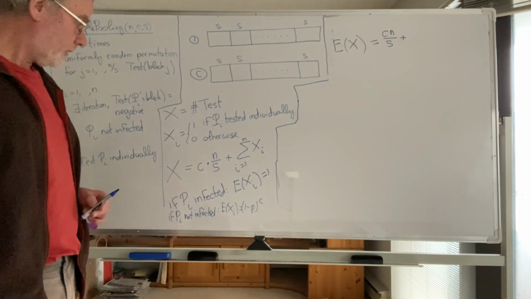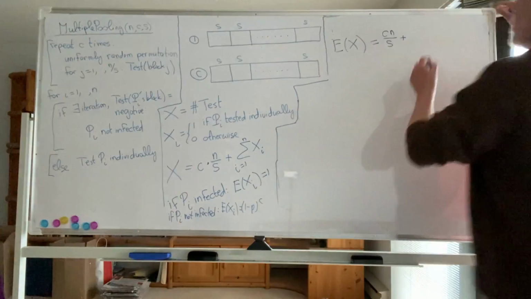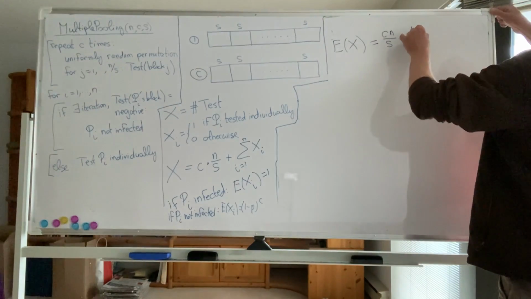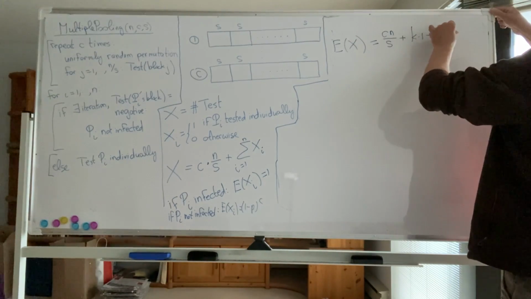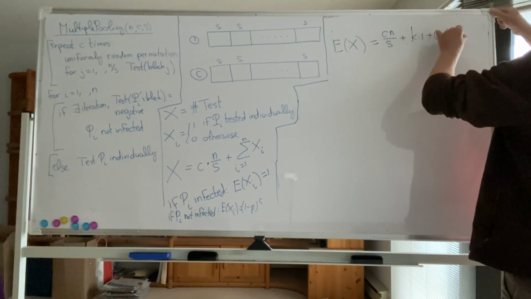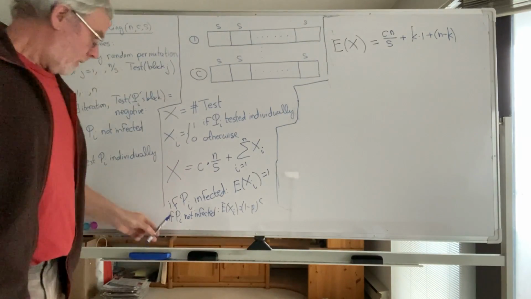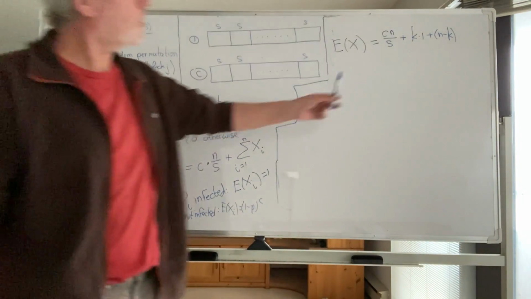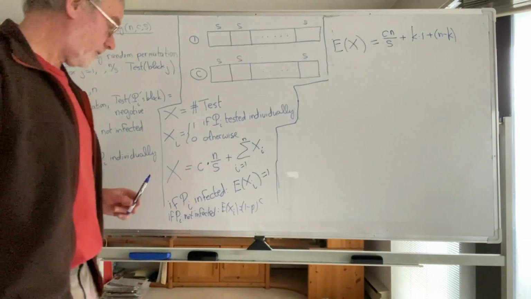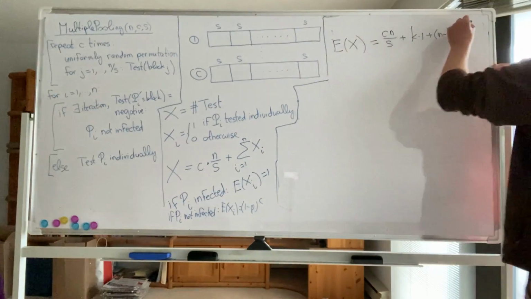Well, that's equal to the number of infected people, which we denoted by k. So we get k times 1. And for every person that is not infected, and there are n minus k many of them, we have 1 minus p to the power c.